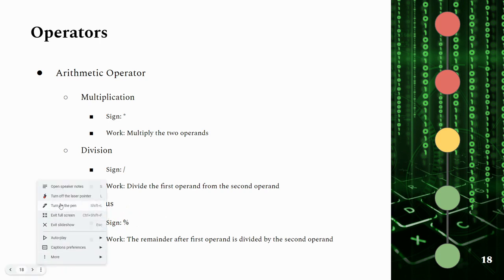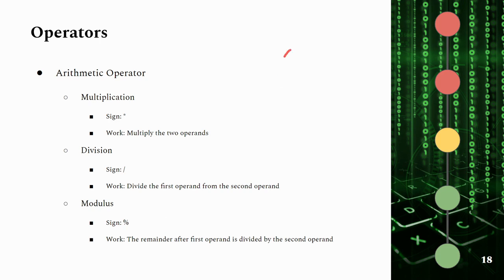For example, let's divide 5 by 2, okay? So what we will get is, here will be 2, here we will get 4, and thus this will be 1.